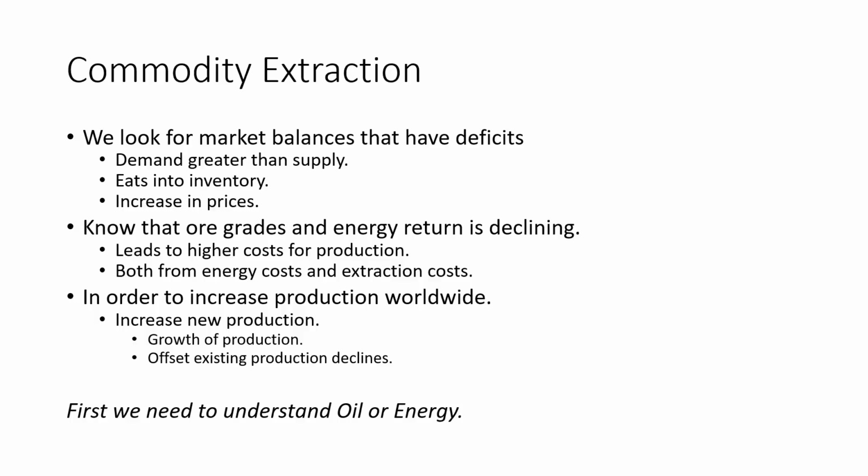So the more you produce, the greater the declines from existing production, which means you have to find even more growth. If you want growth at 5 or 10%, you're going to have to grow maybe 15 or 16% to offset the declines and also grow your existing base. But first, I think we need to understand oil or energy.